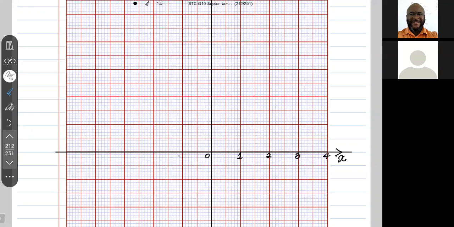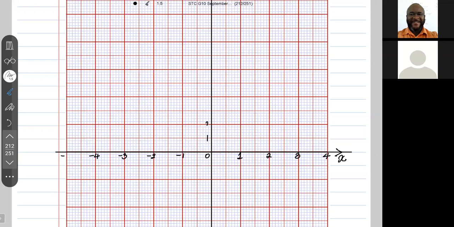Over to the left, -1, -2, -3, -4, -5. So the scale on the x-axis is 2 centimeters to 1 unit. On the y-axis, 1 centimeter to 1 unit.